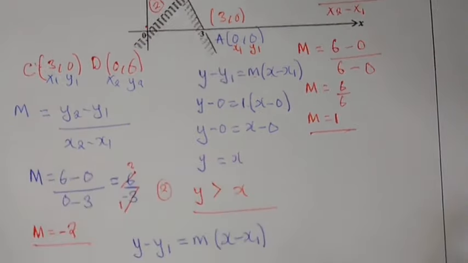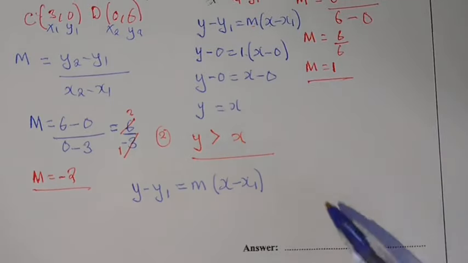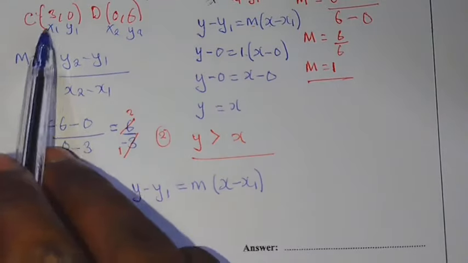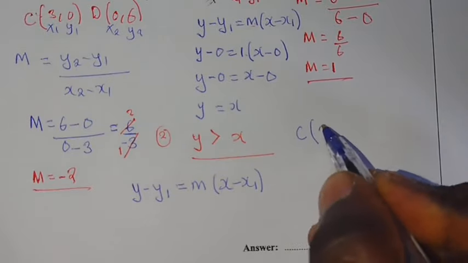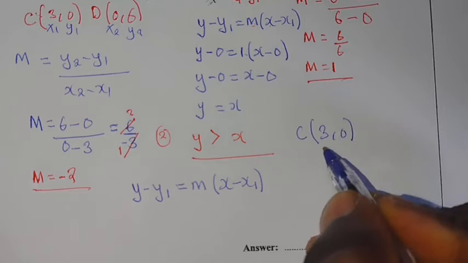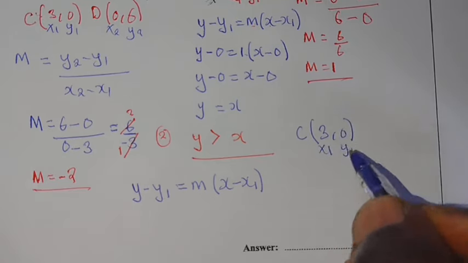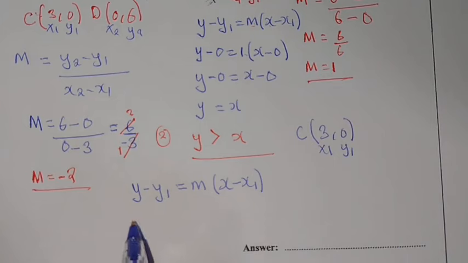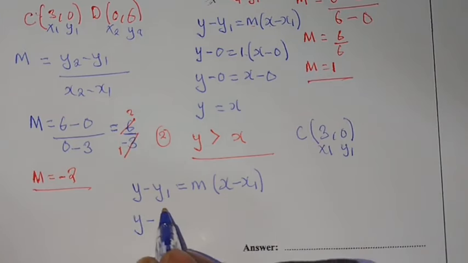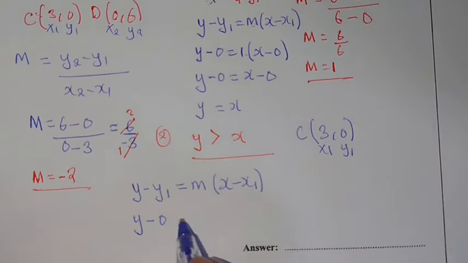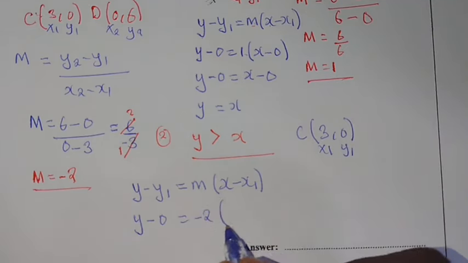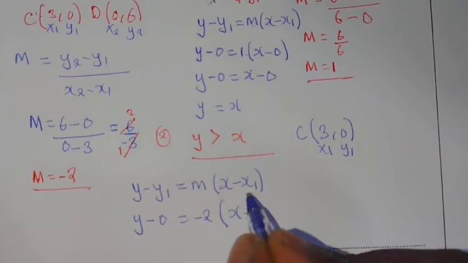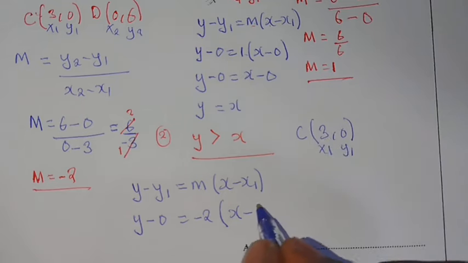So let's say we choose to pick this one for C, where we said we have 3, 0. So this is x1, y1. So we just plug in, we say y minus, the y1 is 0, which is here. The value of the gradient is -2, open bracket, x minus x1, which is 3 right here.